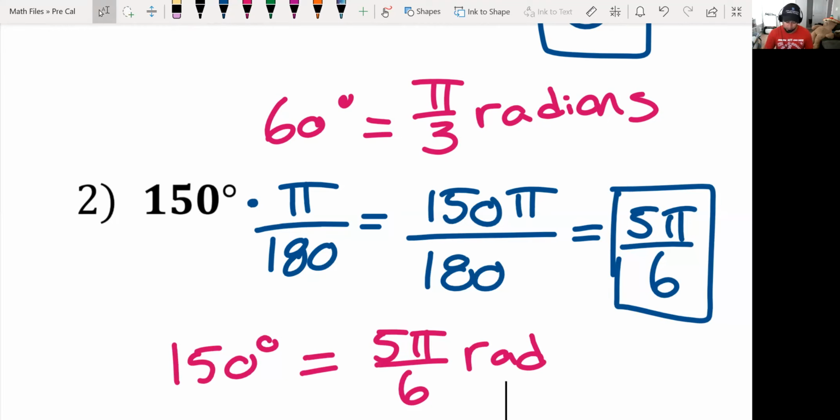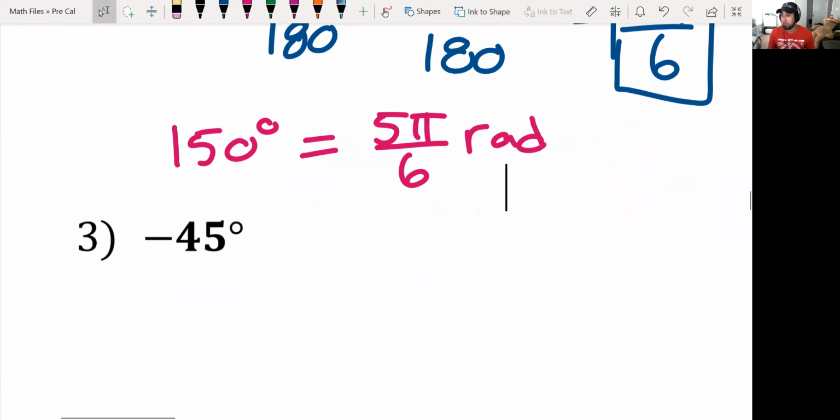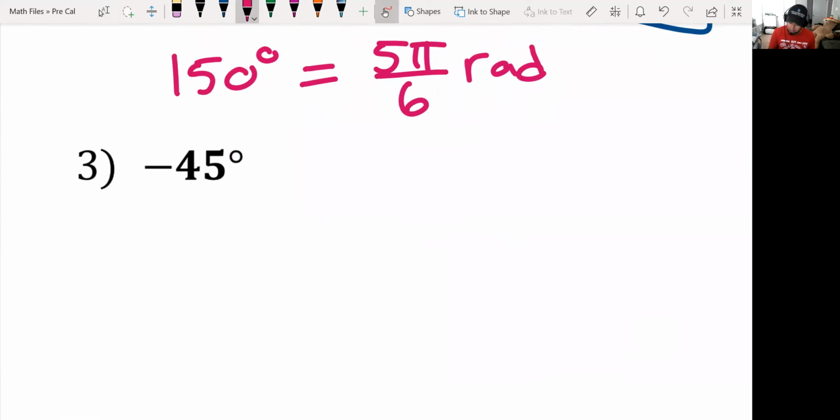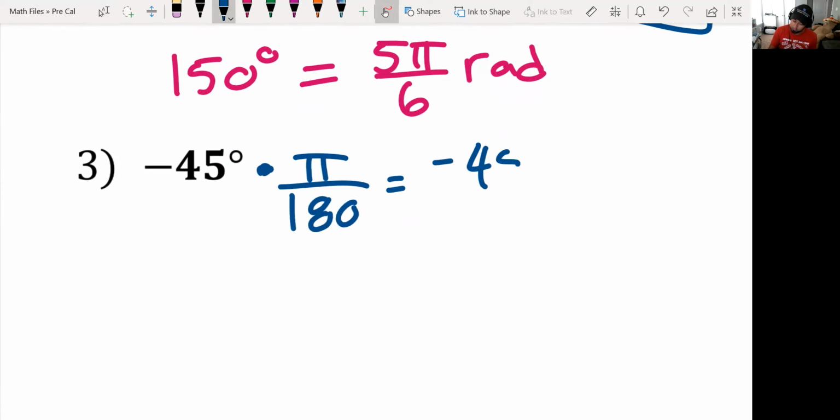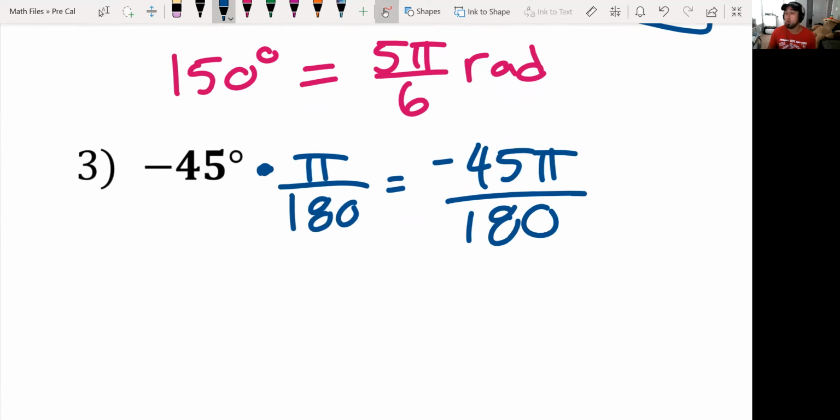Okay, not bad. Negative 45 degrees, same thing. Multiply by pi over 180. Negative 45 pi over 180. And 45 over 180 gets us, let's see, it's 90, that's a quarter.